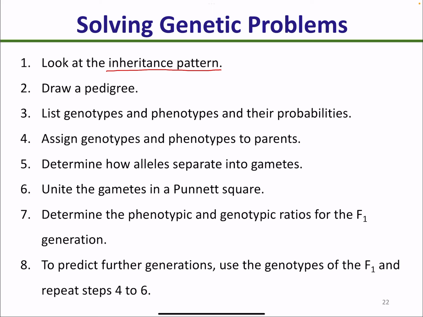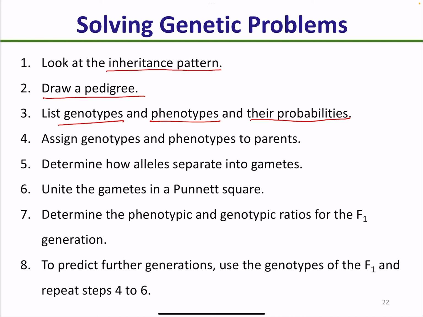We are going to draw a pedigree. We're going to list genotypes and phenotypes, and also, if possible, their probabilities. Now, knowing the genotype, we can come up with the probabilities, right?